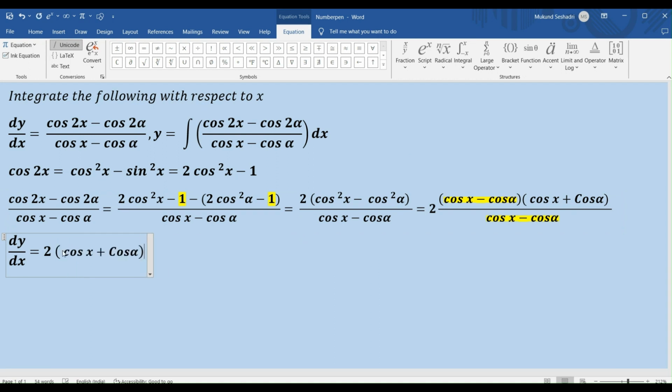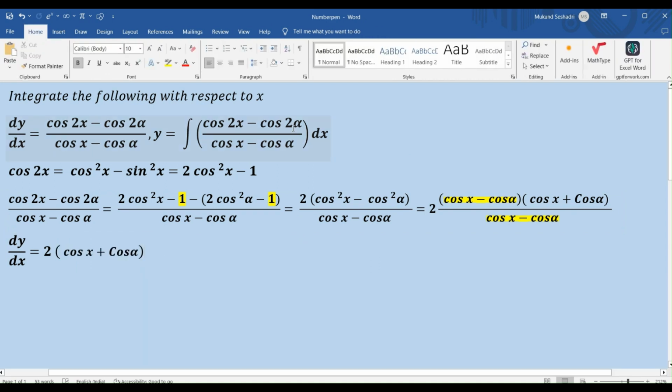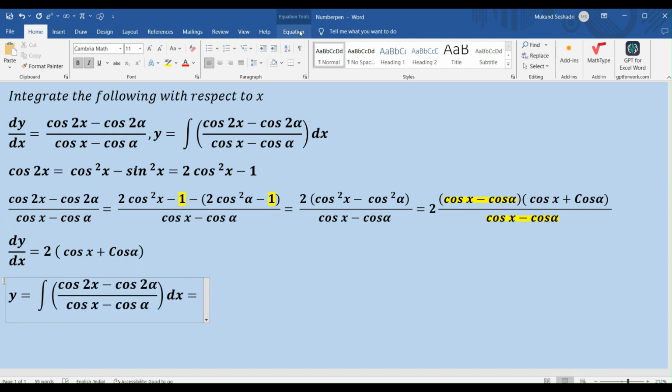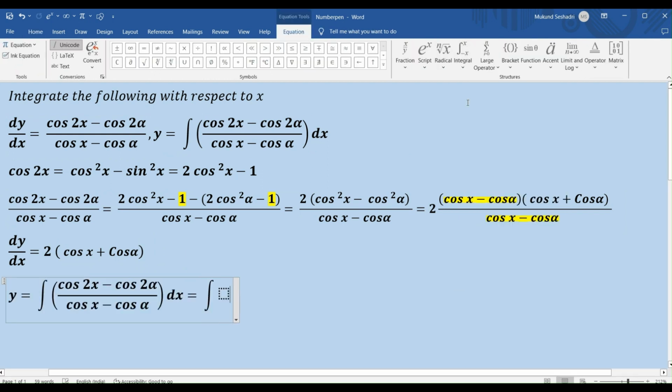Now I know that y, which I wrote before we started simplifying, can be rewritten as the integral of 2 times cos x plus cos alpha dx, right? And this is not too difficult for us. I'm going to apply the sum rule of integration.